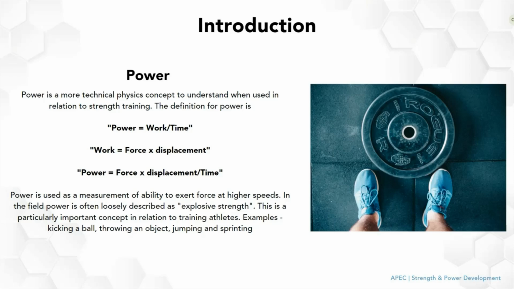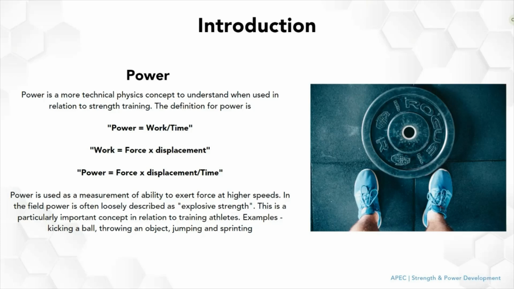So then power can be described as force multiplied by displacement, divided by time. Our force is the amount of strength we're using, the displacement is the distance the object or the bar is going to travel, and then this is all divided by the time it takes us to do it. Power is used as a measure of ability to exert force at higher speeds.